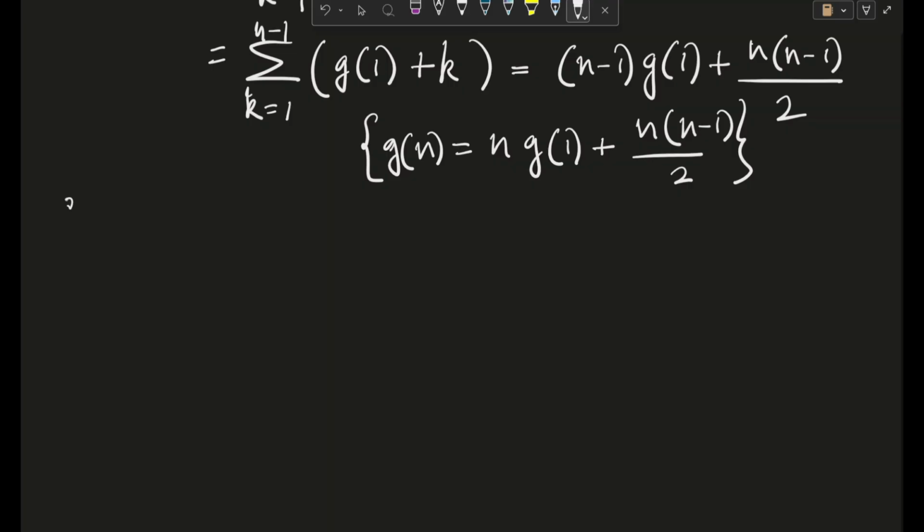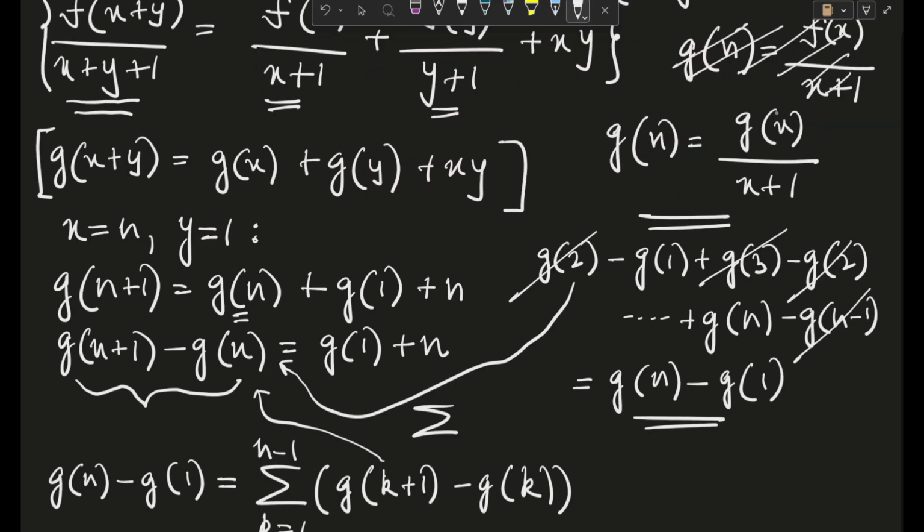So we knew that our g of n is equal to f of x by x plus 1. Actually, I should have written this as f of x only. Just write this as f of x.